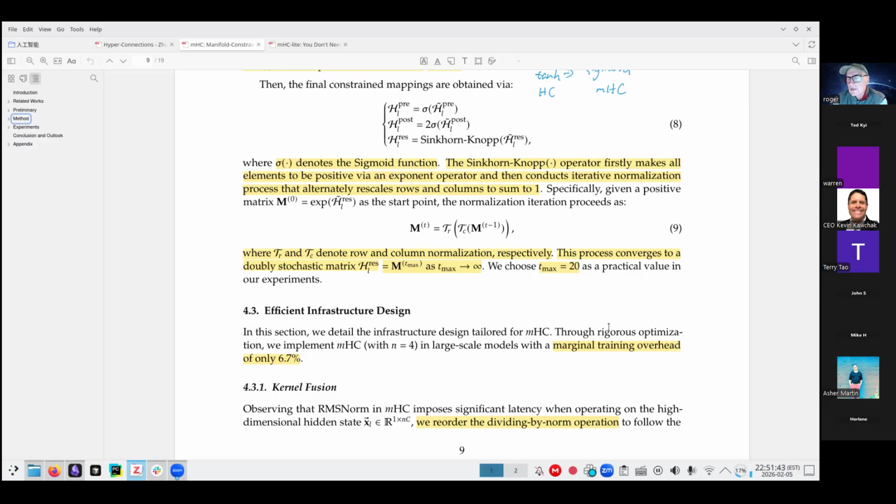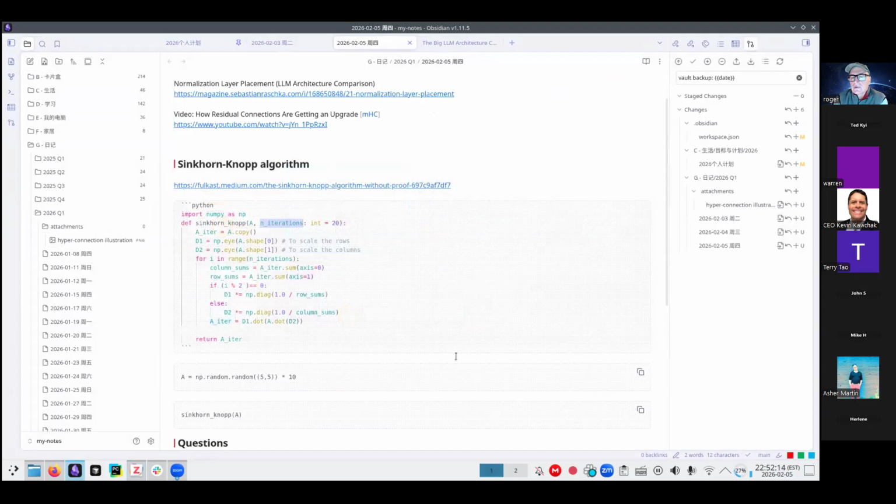I thought it was iterative. You do it iteratively, but you get the same result no matter what order you do the column and the row iterations. If you went back to your original matrix and divided the columns by all of those 20 column sums, and then divided all the rows by all those, you'd get the exact same result as if you alternate them the way the algorithm actually does in practice.